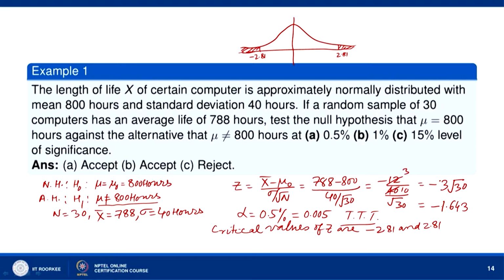Here we are getting the value minus 1.643, so this value of Z lies in the region of acceptance, since minus 1.643 is greater than minus 2.81.